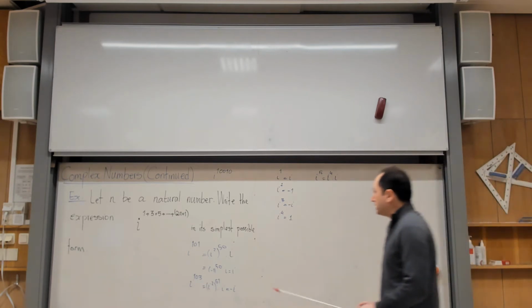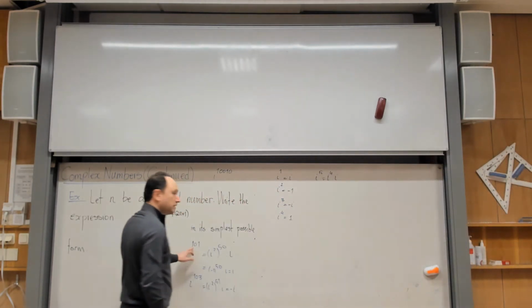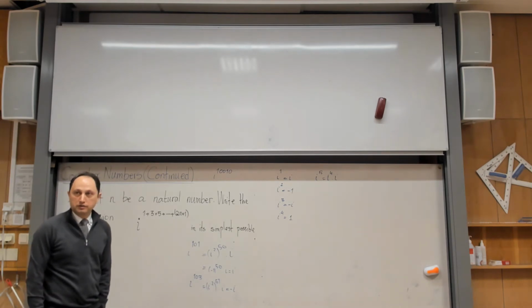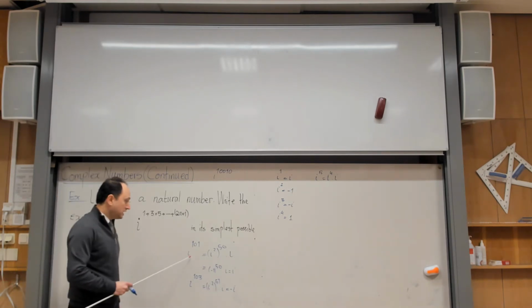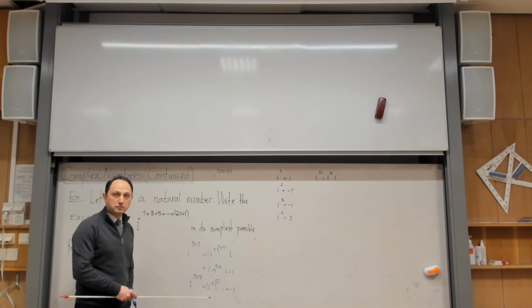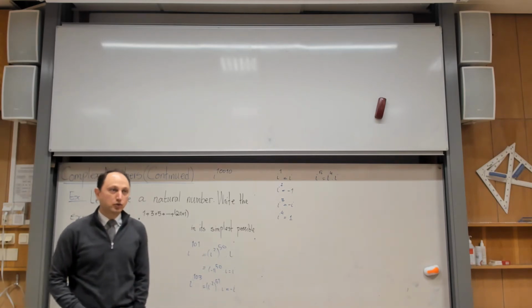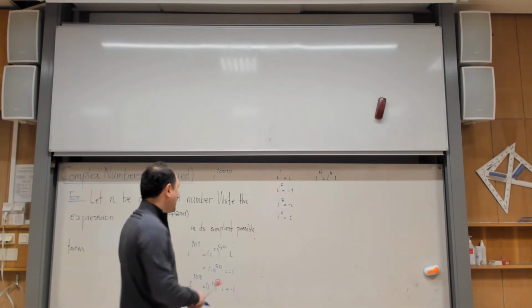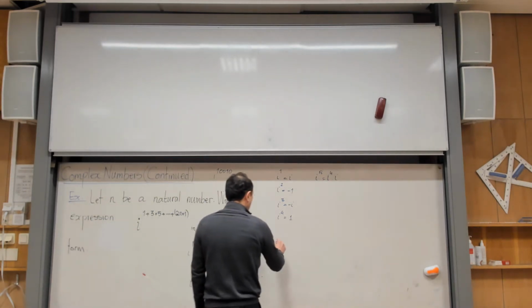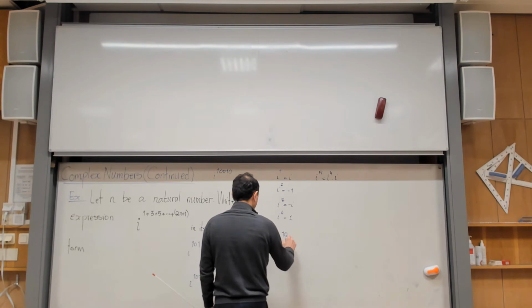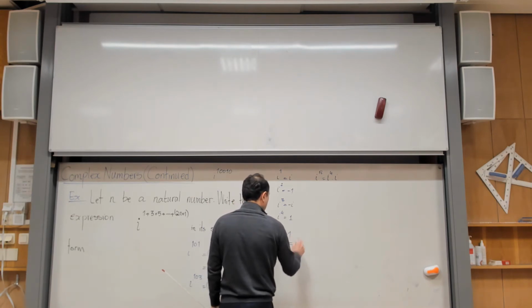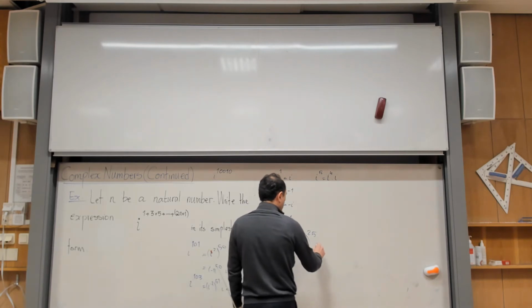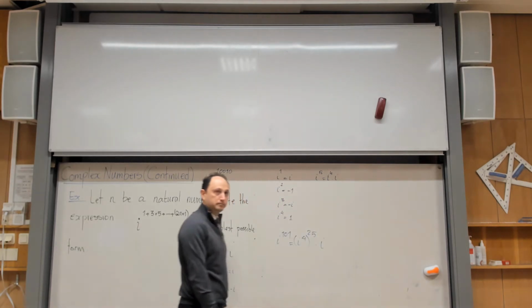So it means that if I give you a number, you have to write this as a power of 4. 2 is working for these simple cases, but it is better to put it as a power of 4 if we can. Because, for example, here, i to the power of 101, I can write it as i to the power of 4 to the power of 25, and then multiply it by another extra i.